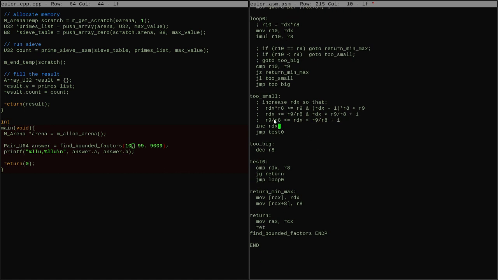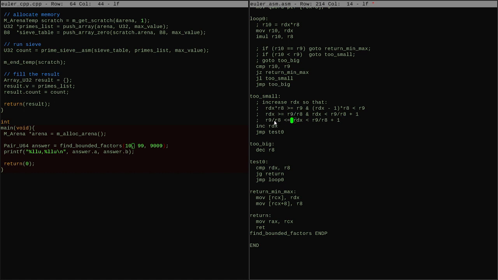Since I have to pick an integer for RDX, I have a range here that includes an entire unit, right? So this here is like math, real numbers. This here got turned into this by dividing by R8. This here got turned into this by dividing by R8 and then adding the 1. Then I flipped this around and I got this part, and then this part got put together.